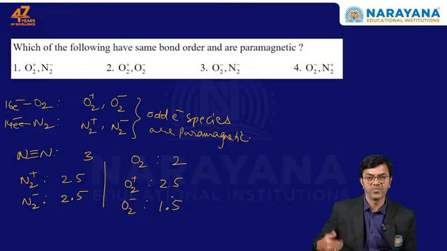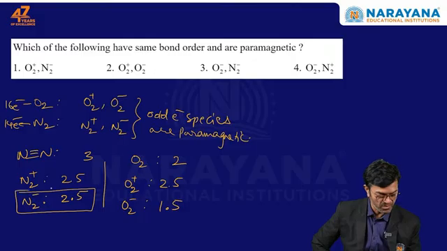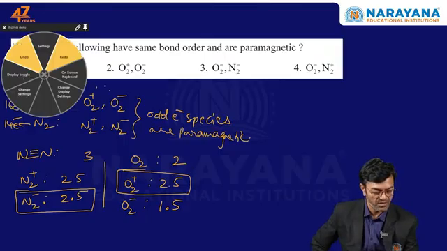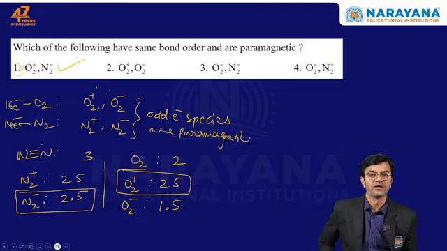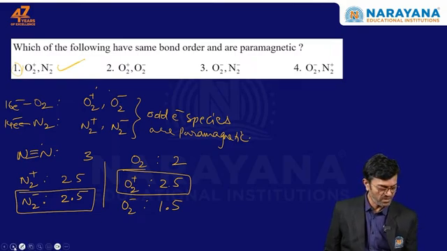So, it is asking for the same bond order. If you observe here, N2 minus has 2.5, O2 plus has 2.5, and both are paramagnetic. So, our answer must be the first option, that is, O2 plus and N2 minus have the same bond order as well as both are paramagnetic.